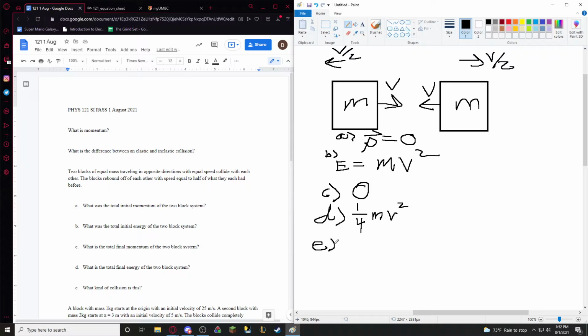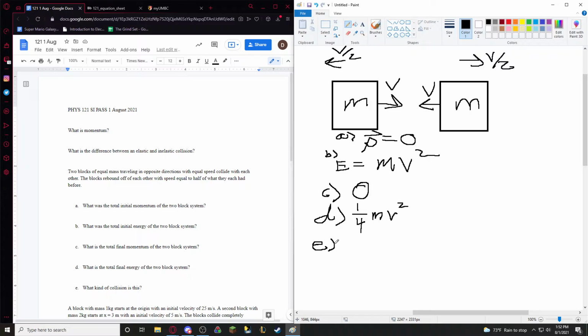Exactly. In a perfectly inelastic collision, they stick together, and it is the type of collision that gets rid of the most amount of energy. The most amount of energy is lost.